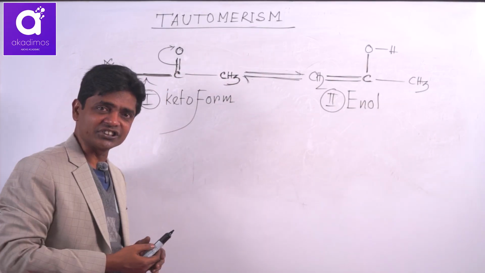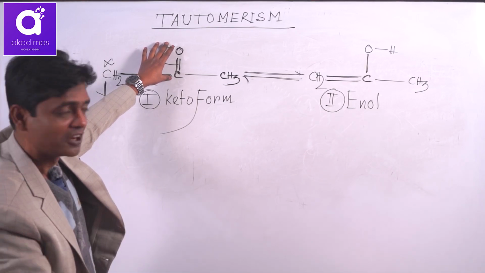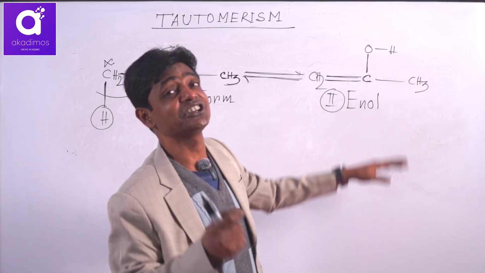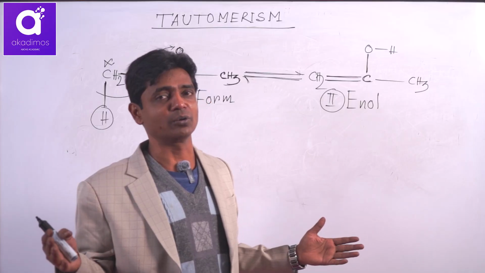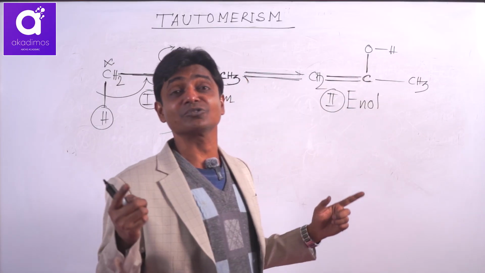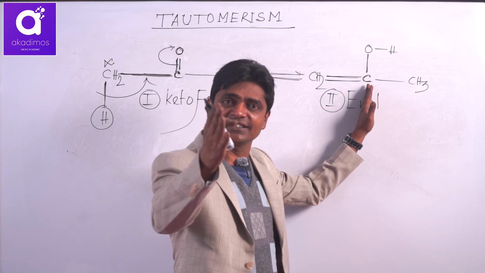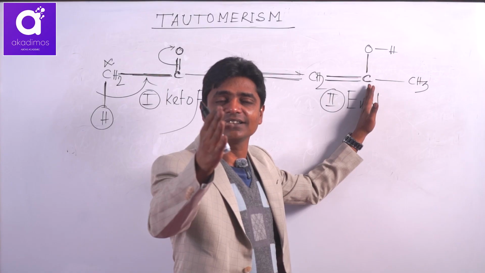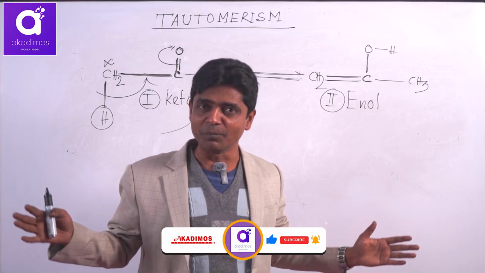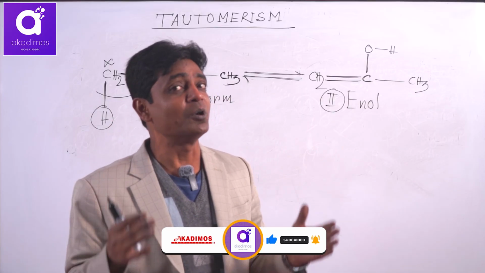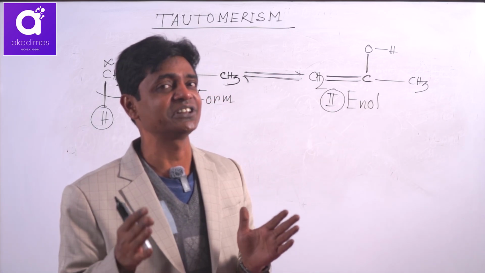If I take this structure, then this carbon-oxygen bond length should be perfectly C double bond O, but in actual, the carbon-oxygen bond length is greater than C double bond O due to this tautomeric enol form, where you get carbon-oxygen bond order 1, and in keto form carbon-oxygen bond order 2. This contribution decreases the bond order of carbon-oxygen and increases the bond length between carbon and oxygen. More alpha hydrogen, more tautomers, more increase of carbon-oxygen bond length, more decrease of C-C bond length.